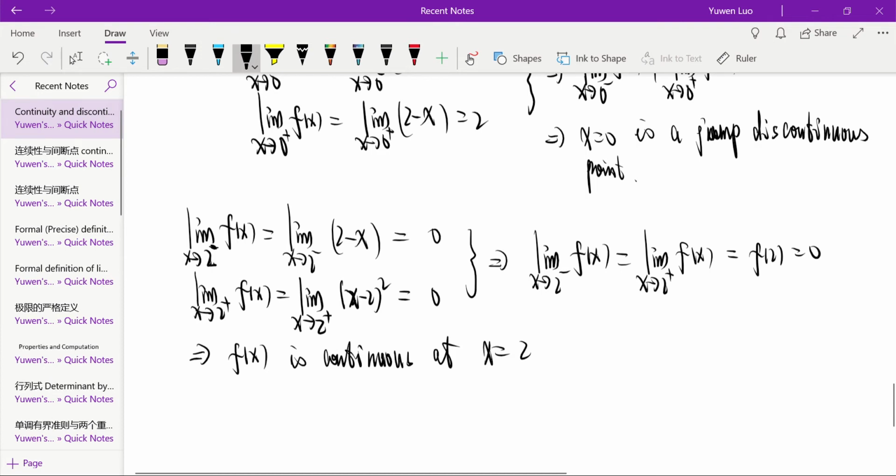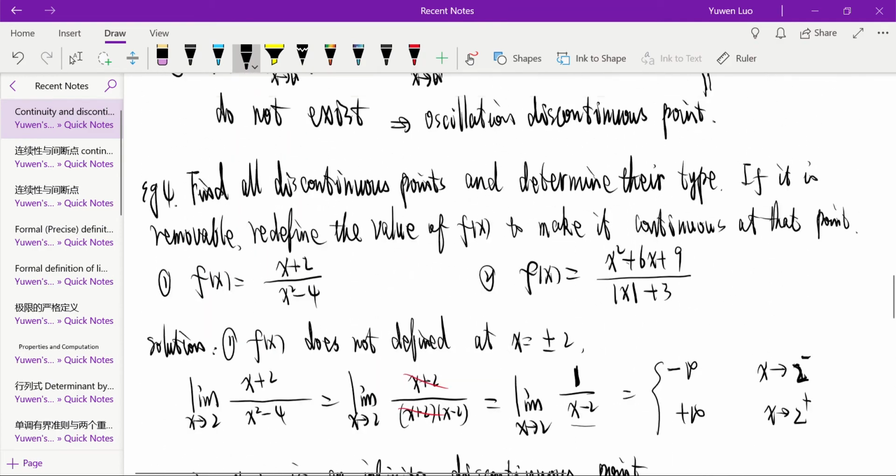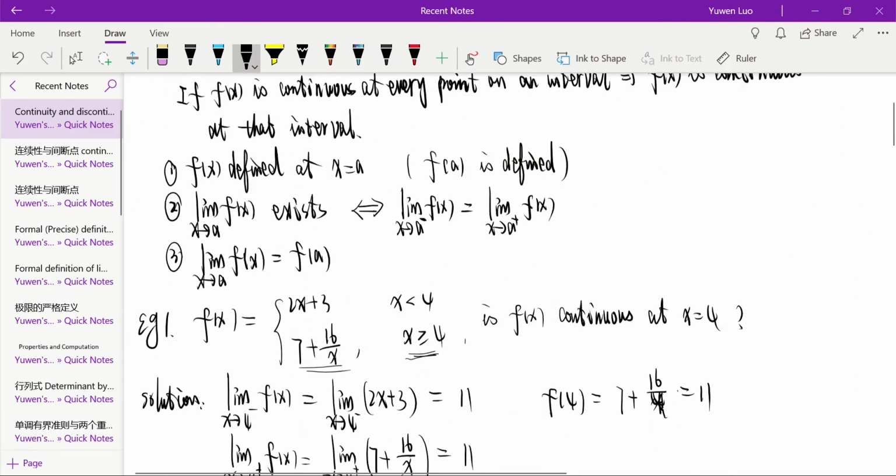That's the continuity and discontinuous points for a function. Okay, let's stop here.